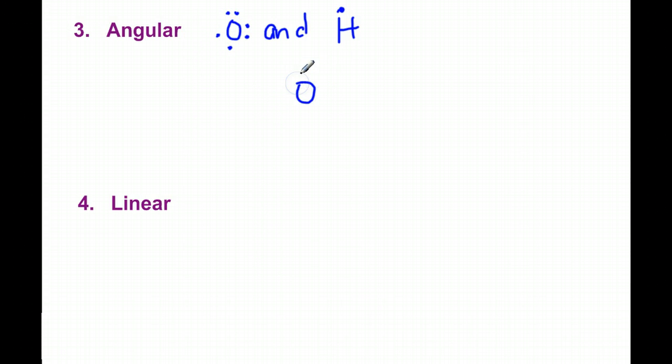So if you picture these 2 pairs of electrons are not forming a bond with anything. So if you think of the VSEPR theory, these are going to repel each other and push, just like in the last example, they're going to squish these other 2 bonds closer together as well. And so what we end up with is an even smaller angle between these 2 bonds of 104 degrees. And that gives you your angular shape.